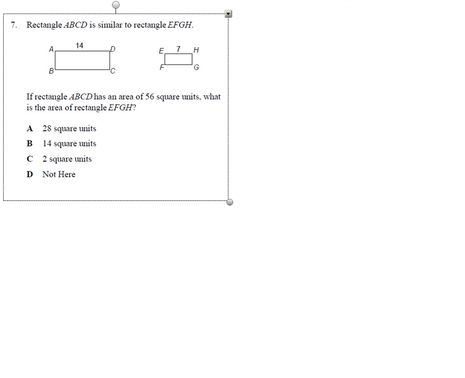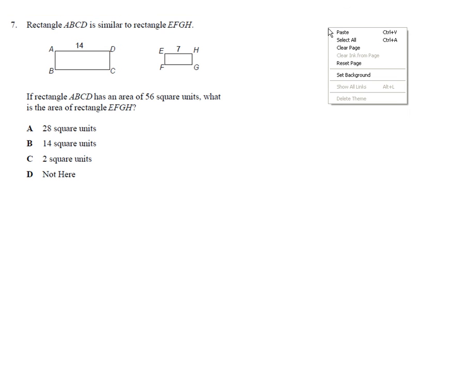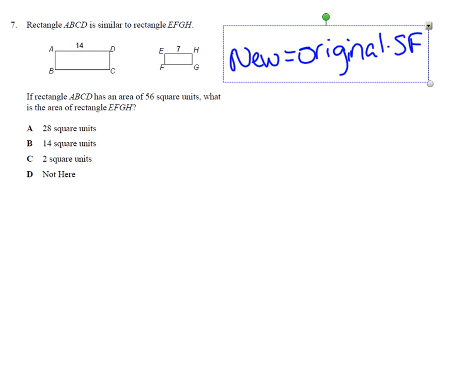So we're going to write this down for each one eventually. So this one here, area ABCD has an area of 56 square units. We want to know what is the new area.